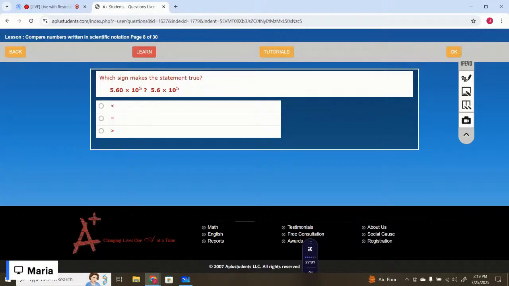Which sign makes the statement true? 5.60 times 10 exponent 5 and 5.6 times 10 exponent 5. Equal it is. Option number 2 is the correct option.